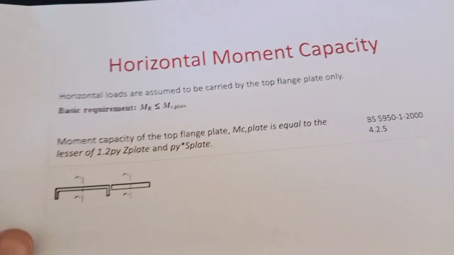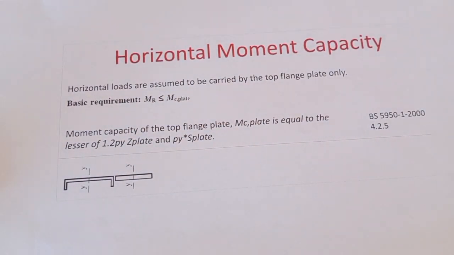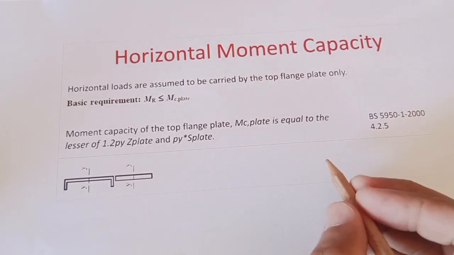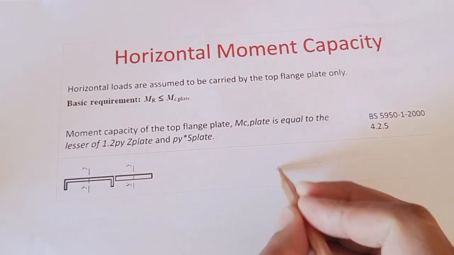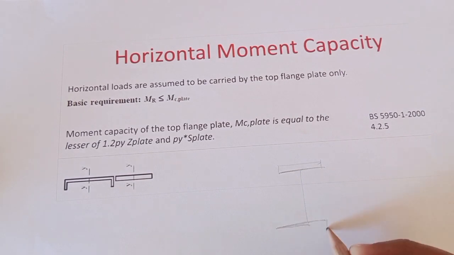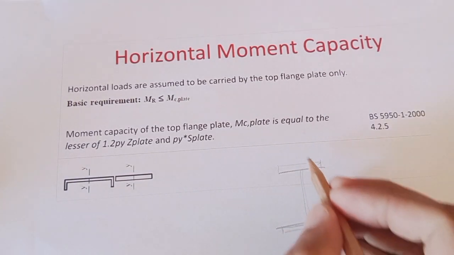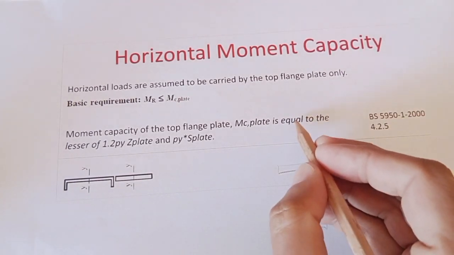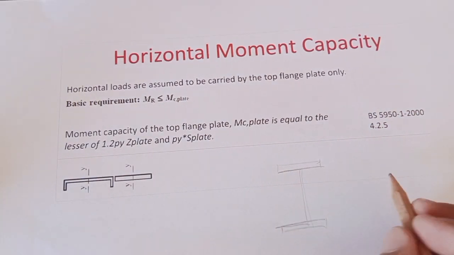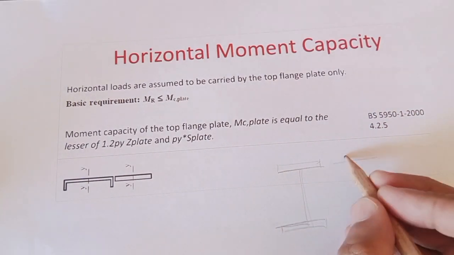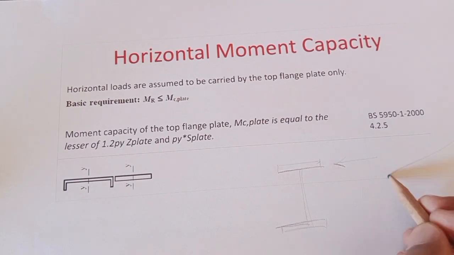So the next is horizontal moment capacity. We have a girder. We had vertical bending. Also, we may have horizontal bending. Let's say if it is a support and we have this horizontal load, in that case we will have horizontal bending in that direction.